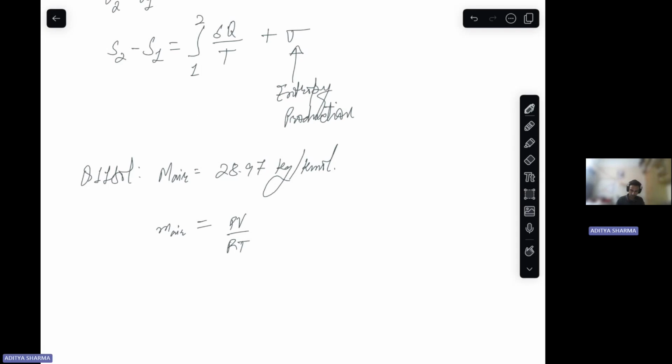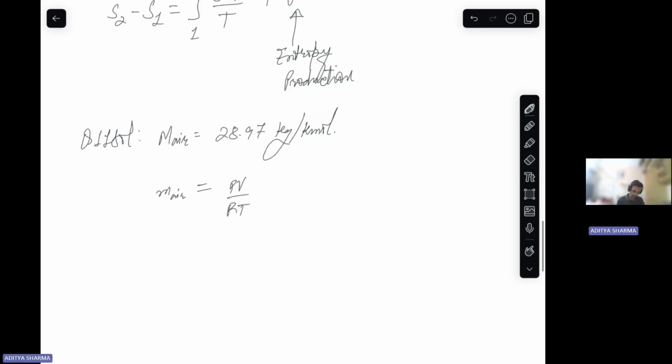Here we have pressure, we have R, we have temperature, but we don't have volume.